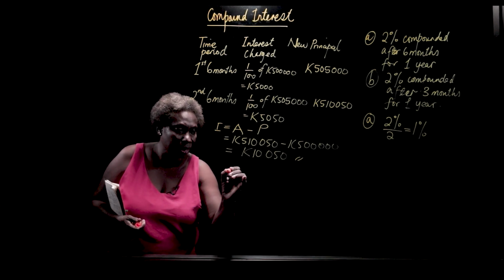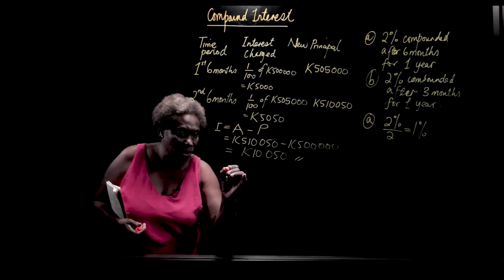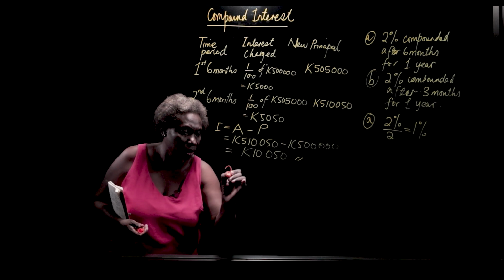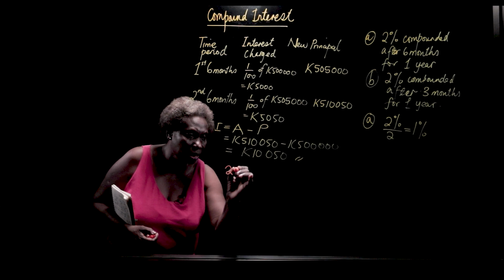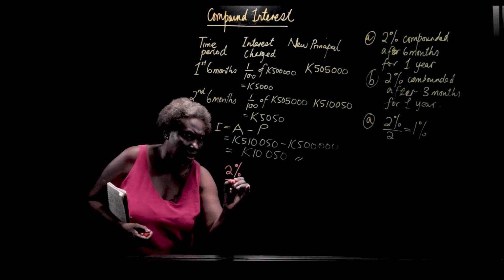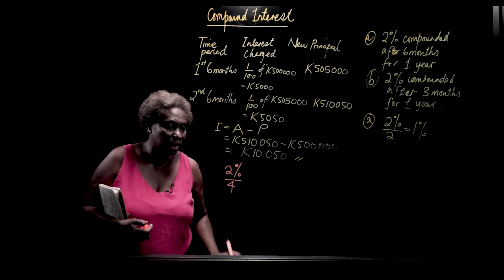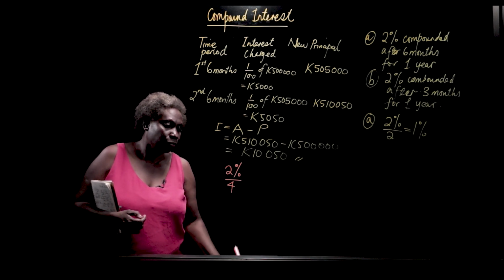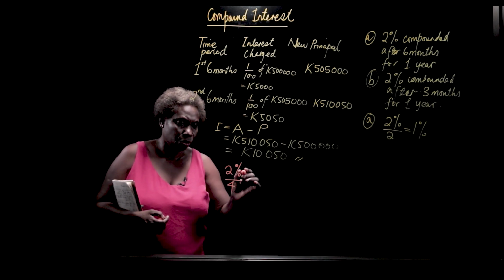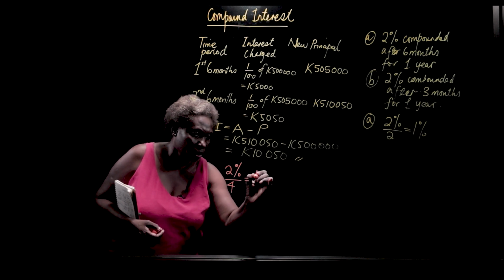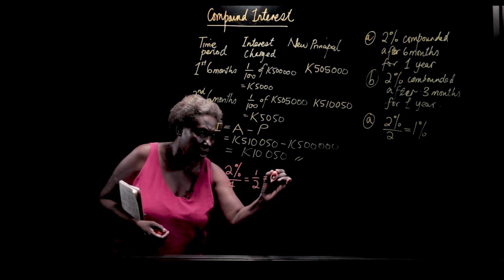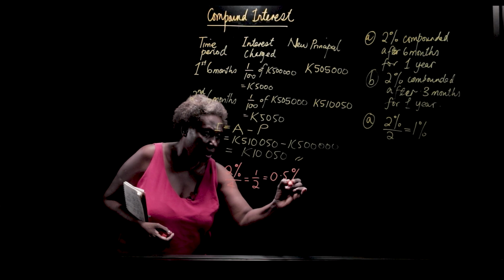We know that the percentage is 2%, compounded after every 3 months. So we are going to divide 2% by 4, since there are 4 times that the interest is going to be compounded, and that gives us 0.5%.